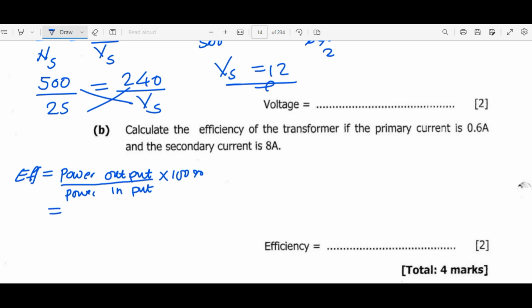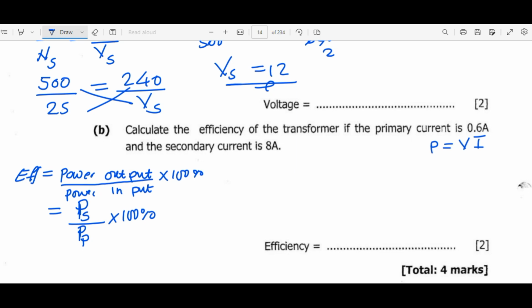The power output is secondary, so I'll put S, over power input, the input is primary, so I'll put P, multiplied by 100%.